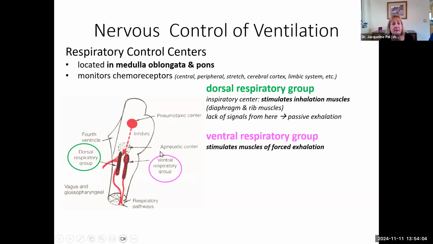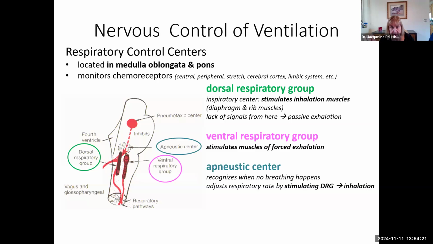Now, just above the ventral respiratory group, we have this group called the apneustic center. To understand that, you have to know that the word apneusis means lack of breathing, like when you're holding your breath. So the apneustic center recognizes when no breathing has happened for a certain period of time.